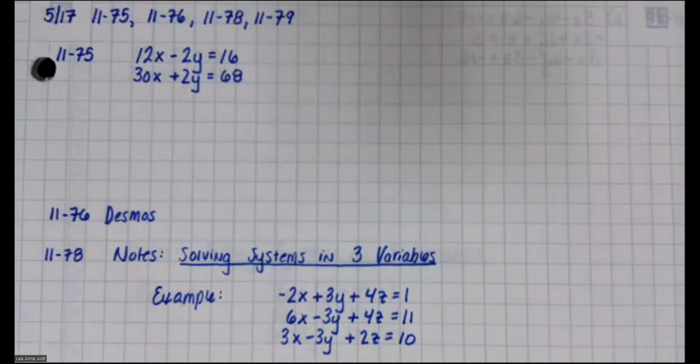So 75 is a Math 1 problem. It's got 2 lines. Can you tell that those are lines? And you probably, because of Wednesday, could graph them with the cover-up method and then find where they cross.